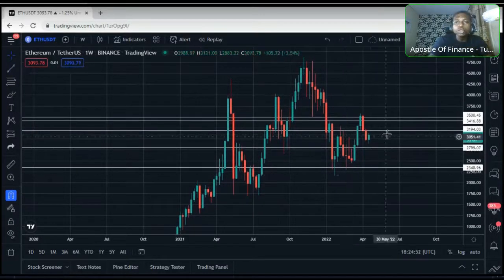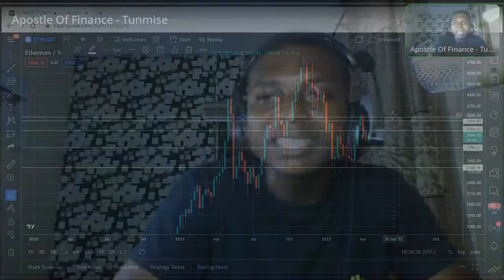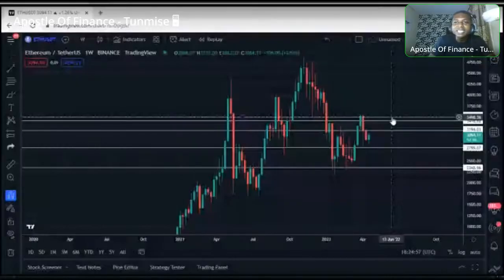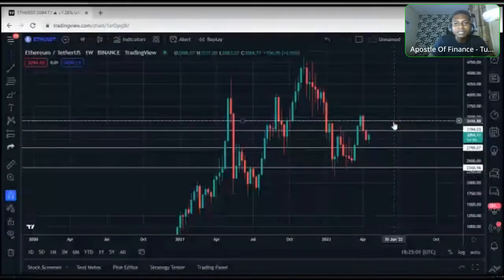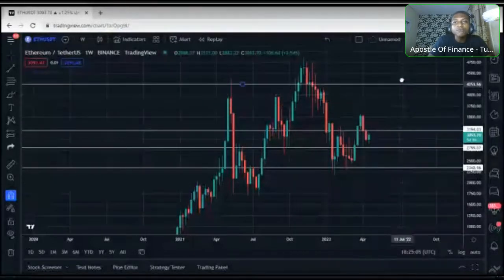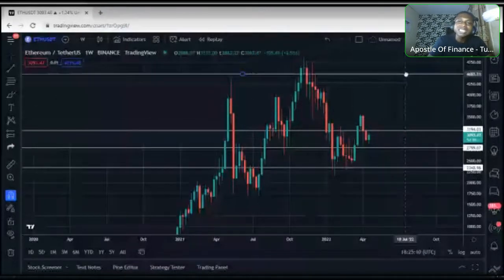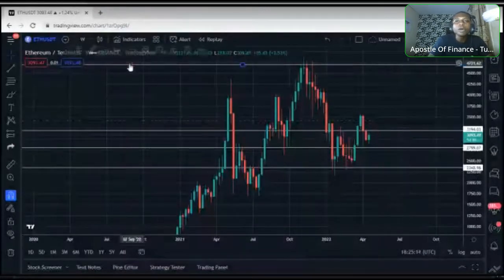When you go to bigger time frames like this, they help you to see what is actually happening. So when you look at this, you are able to identify market direction first of all, and secondly, identify support and resistance levels.